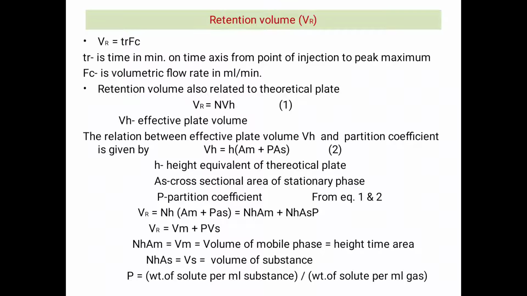Now the retention volume is also related to the theoretical plates, where n is the number of theoretical plates. So the retention volume VR is equal to N into VH, where VH is the effective plate volume. This is equation 1.